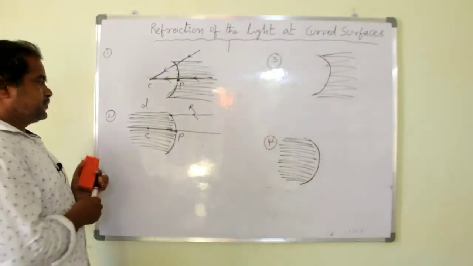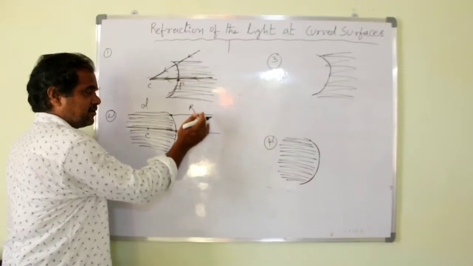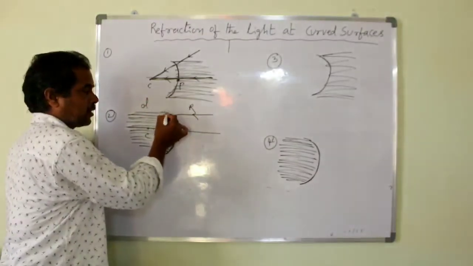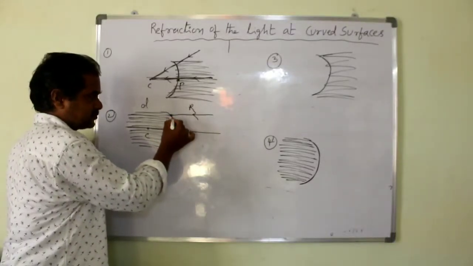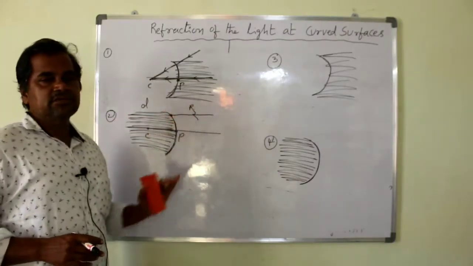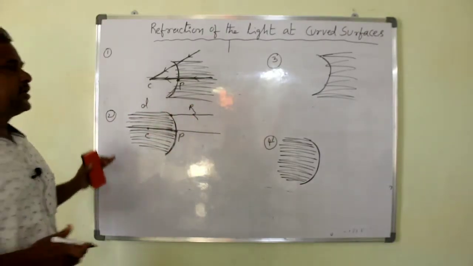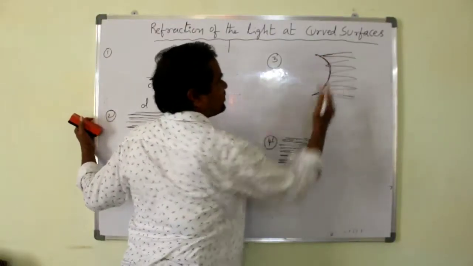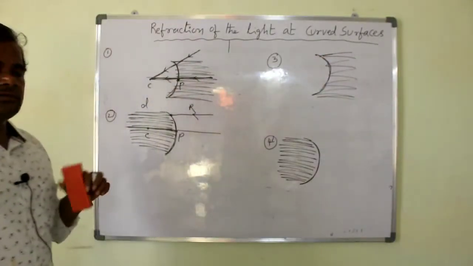For example, here one light ray which moves from rarer to denser and is incident on the convex surface. Convex surface means a bulging outwards surface. Any curved surface which bulges outwards is known as a convex surface. Any curved surface which bulges inwards is known as a concave surface.